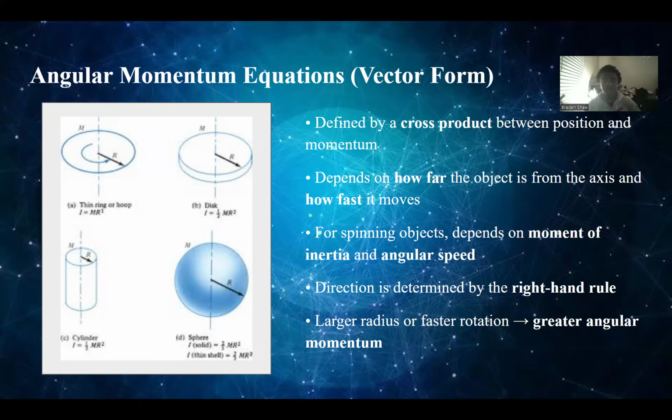For rotating rigid bodies such as planets or solid objects, we use a different form involving the moment of inertia and angular velocity. The direction of angular momentum is determined by the right-hand rule, meaning in general, the larger the radius or the faster the rotation, the greater the angular momentum.